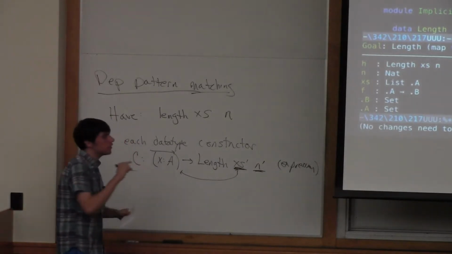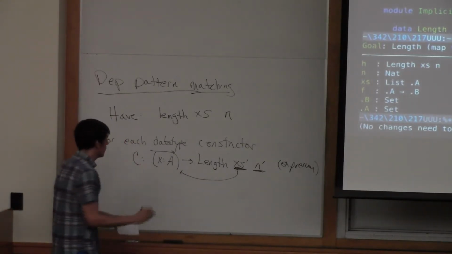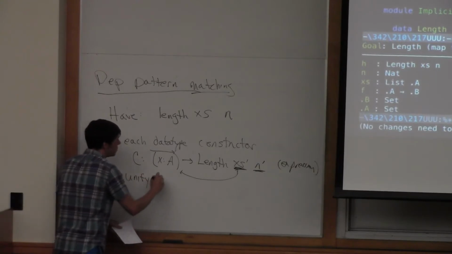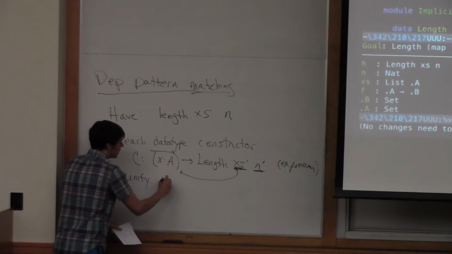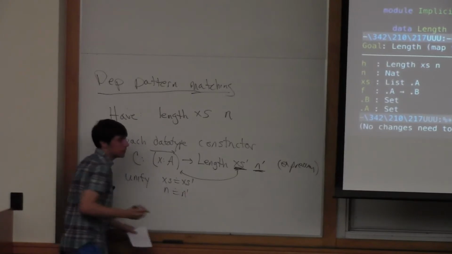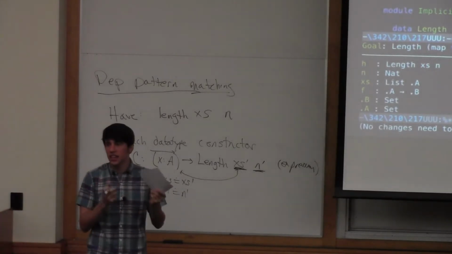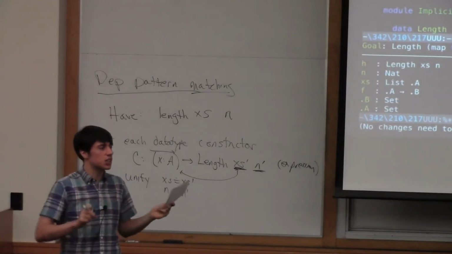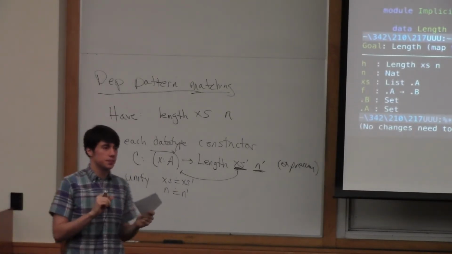So what you do is, for each data type constructor C, you do unification. So you unify x's equals x's prime, n equals n prime. This is unification just like in ML or Haskell type inference. You compare the two and try to find a substitution that makes them equal.